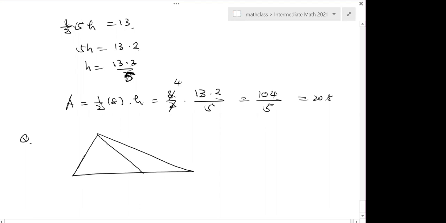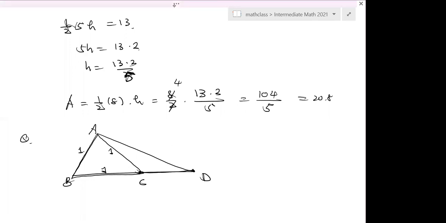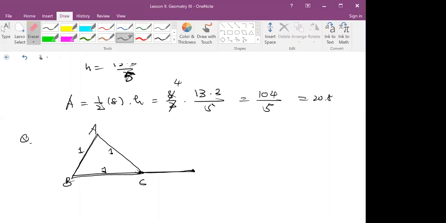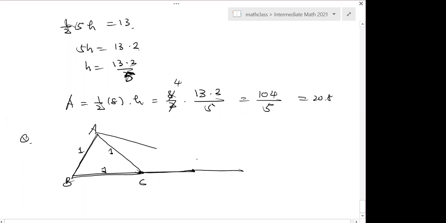What I'm having here is that these sides are all equal to 1, and these are A, B, C, and D. Let me make it a little bit longer, D, because this side is 2.